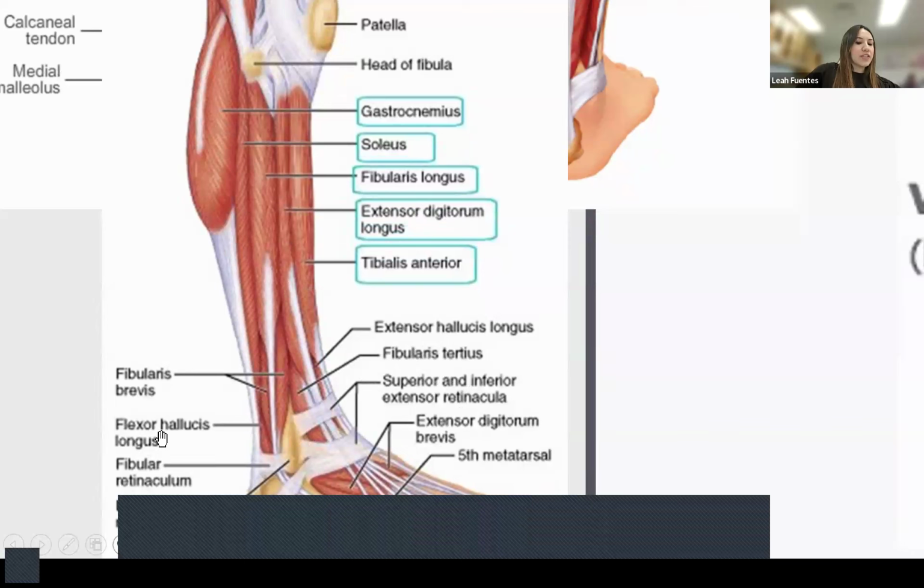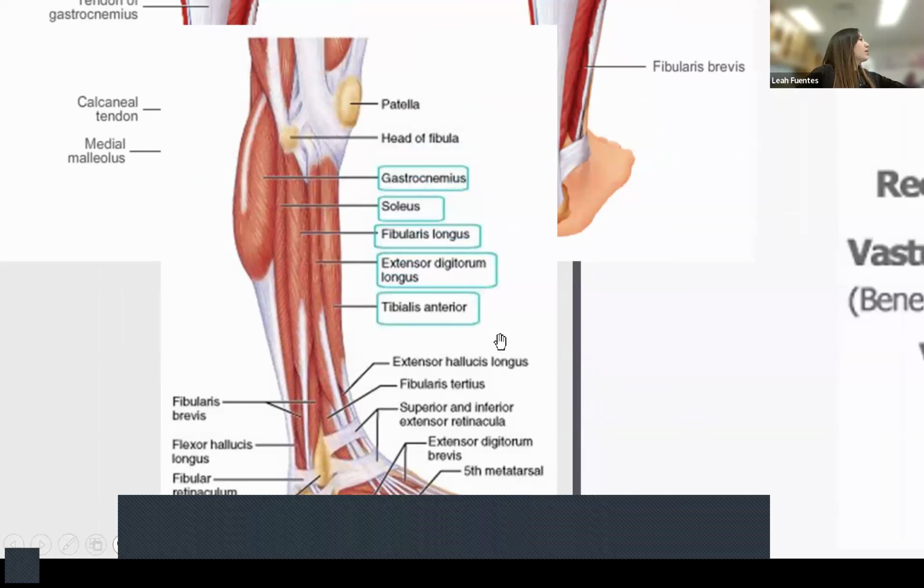We have our flexor hallucis longus. And then again, with this one, you would just need to know your anatomical position, where you are in relation to the model.